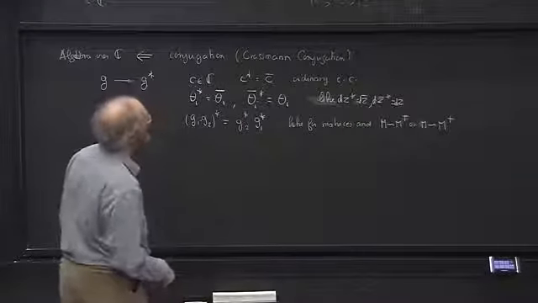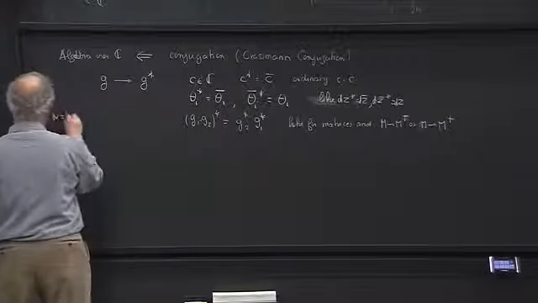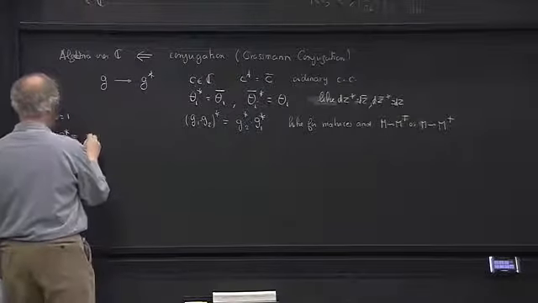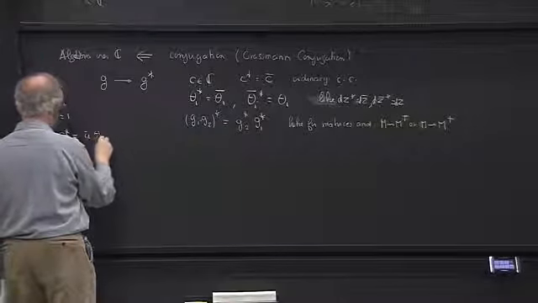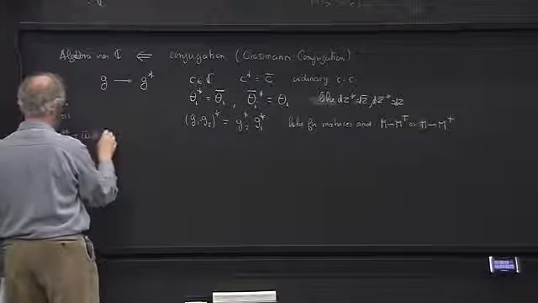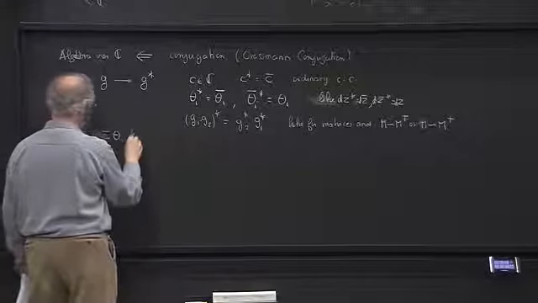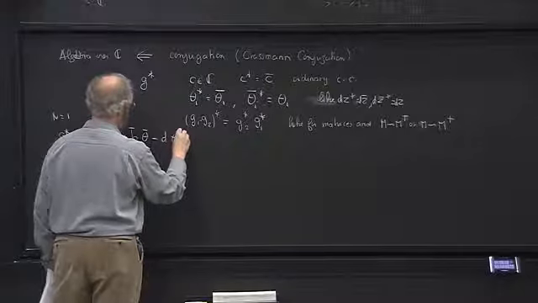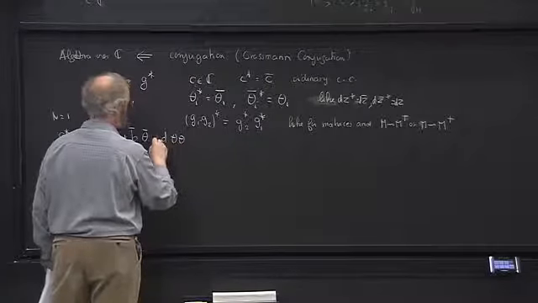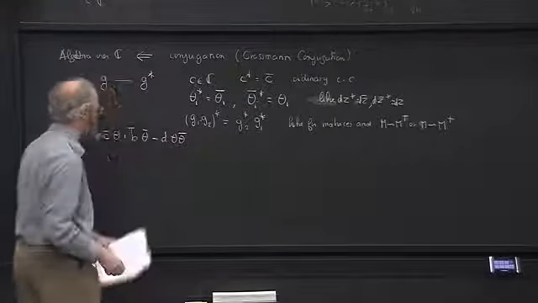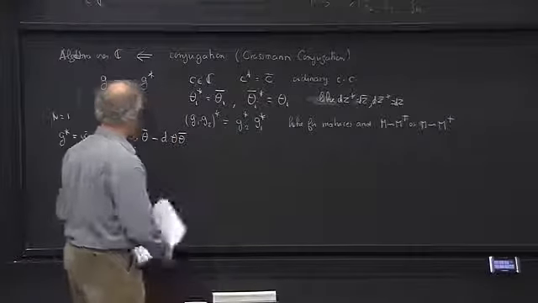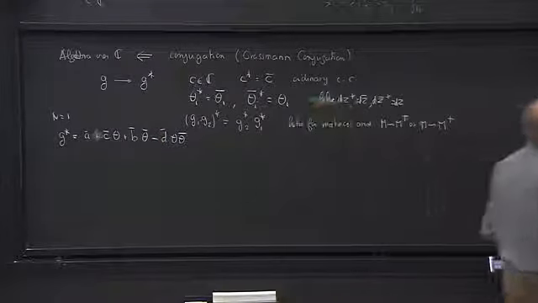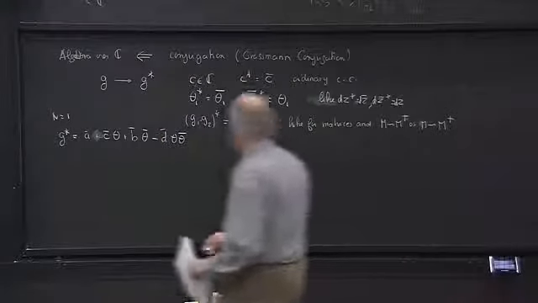But you see, for instance, that in our case of n equal 1, G star is A bar plus C bar theta plus B bar theta bar minus D bar theta theta bar. No, I'm sorry, plus.